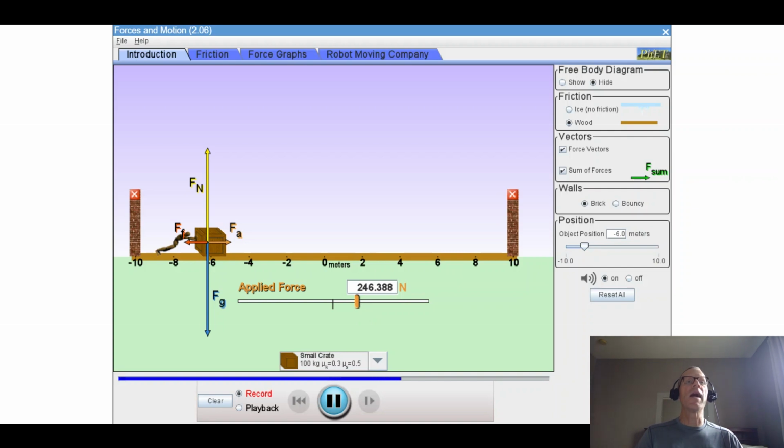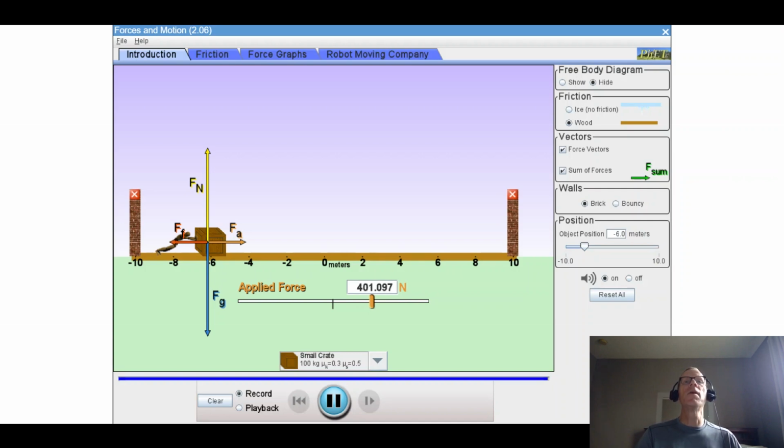F sub f, little f, is the frictional force. F sub a is the applied force. As I increase the applied force, F sub a is getting bigger, but F sub f is getting larger at the same rate. So those two are equal to each other, and the sum of the forces is 0. There's no net force.